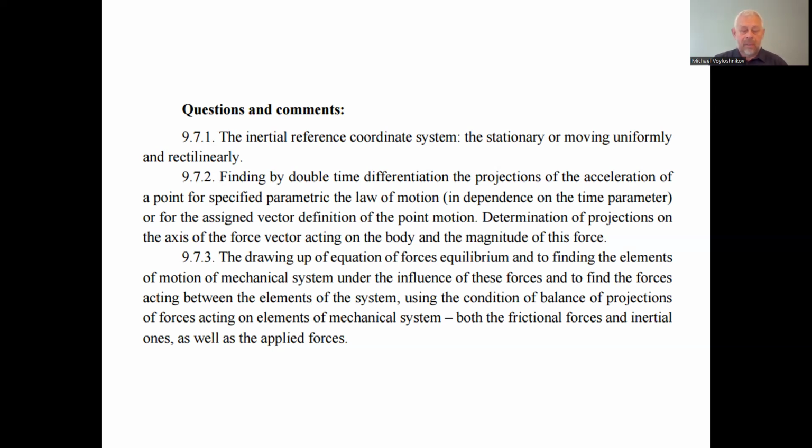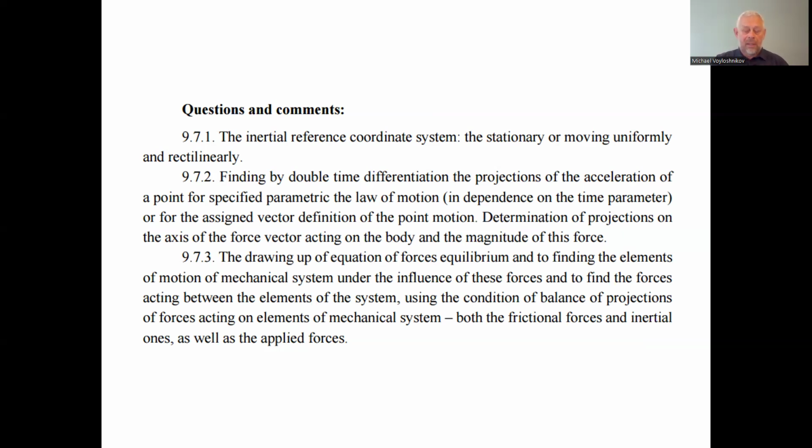In the double time differentiation, if we have assigned elements of the motion like the coordinates, this assignment can be in vector form as a total of three vectors of the projections of the components on the Cartesian coordinate axes.